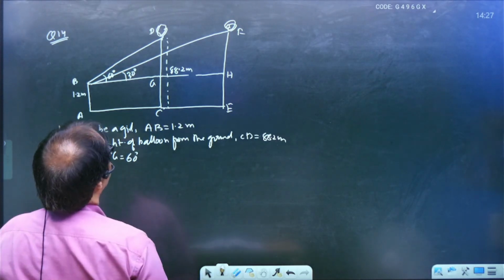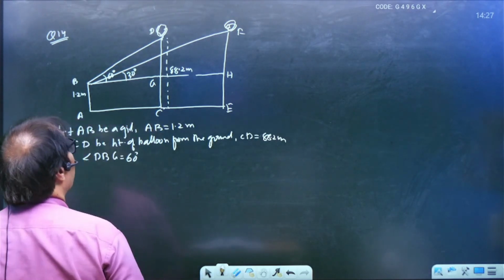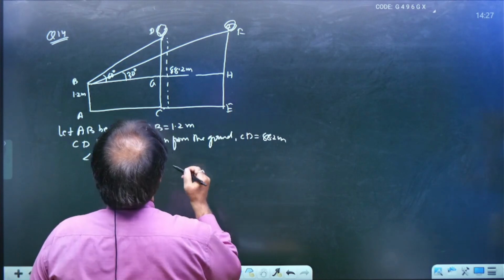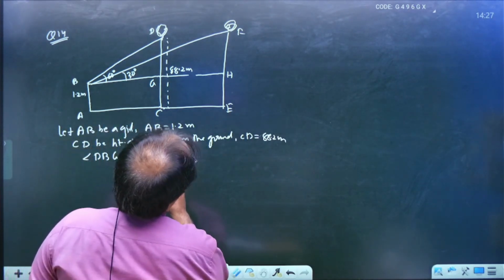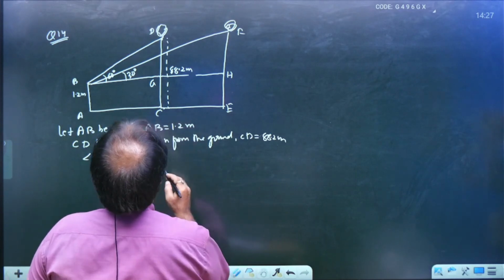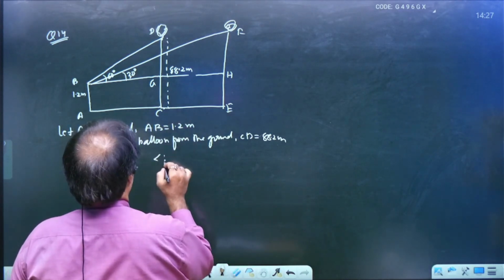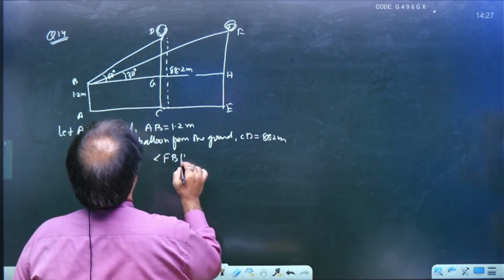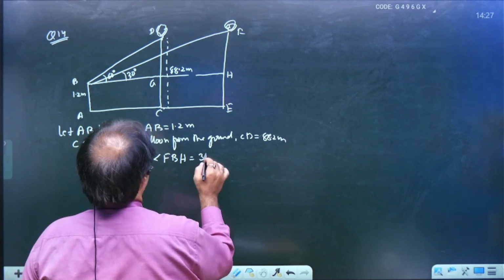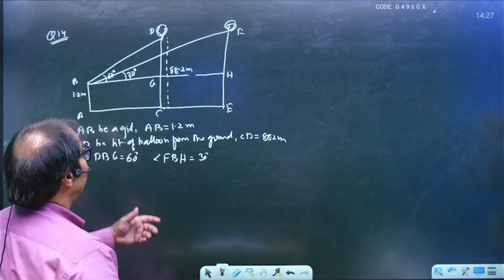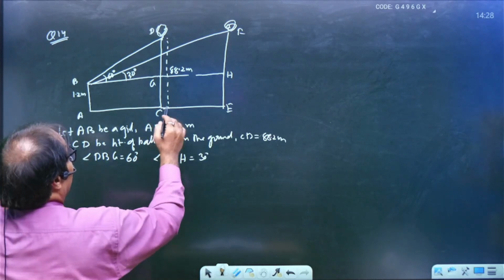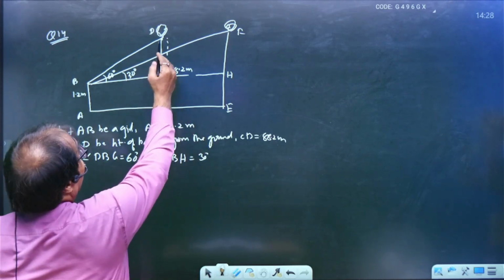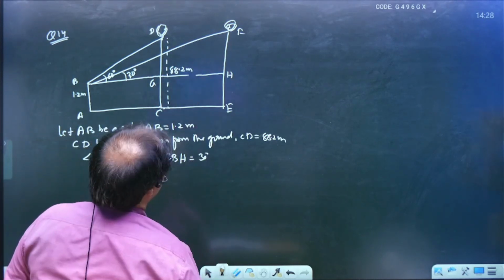Okay, and now after a few seconds the angle becomes angle FBH. Angle FBH is 30 degree. Then we have to find the distance traveled by the balloon, that is from the ground level it is CE, or from the top level it is DF.